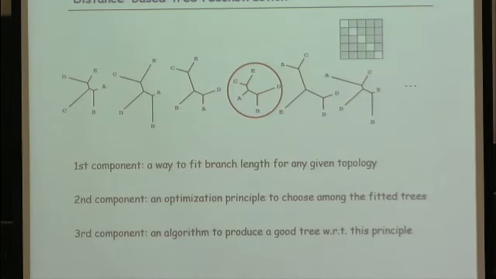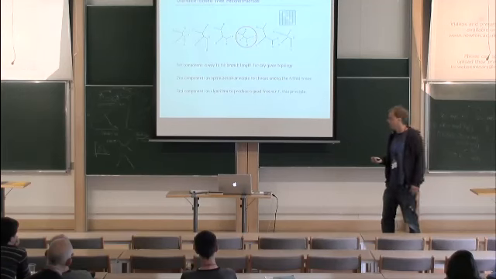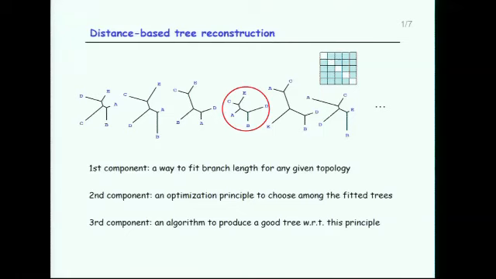Then, since the optimization problem that asks to find the tree that is optimal with respect to our principle is usually computationally hard, we'll need a heuristic to produce a good tree, which won't usually be optimal with respect to the principle. Well, sometimes it will be optimal, but it might not be.